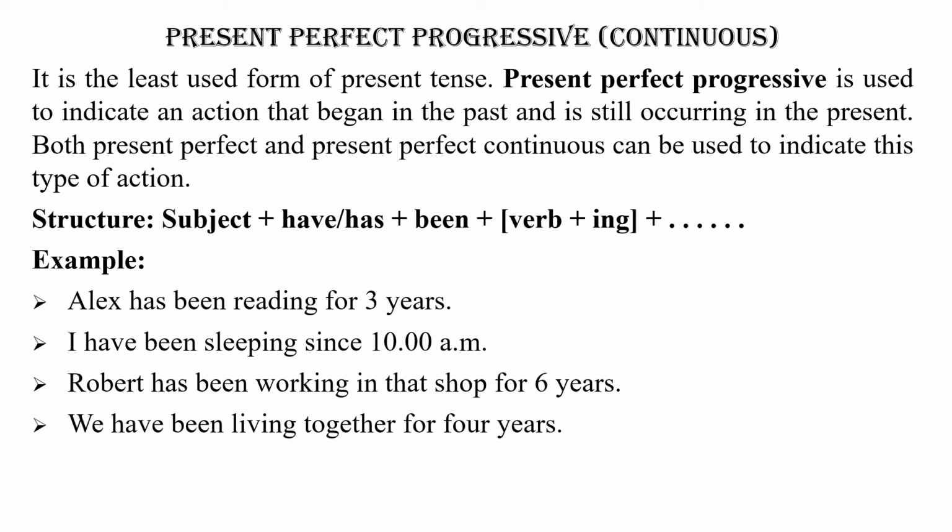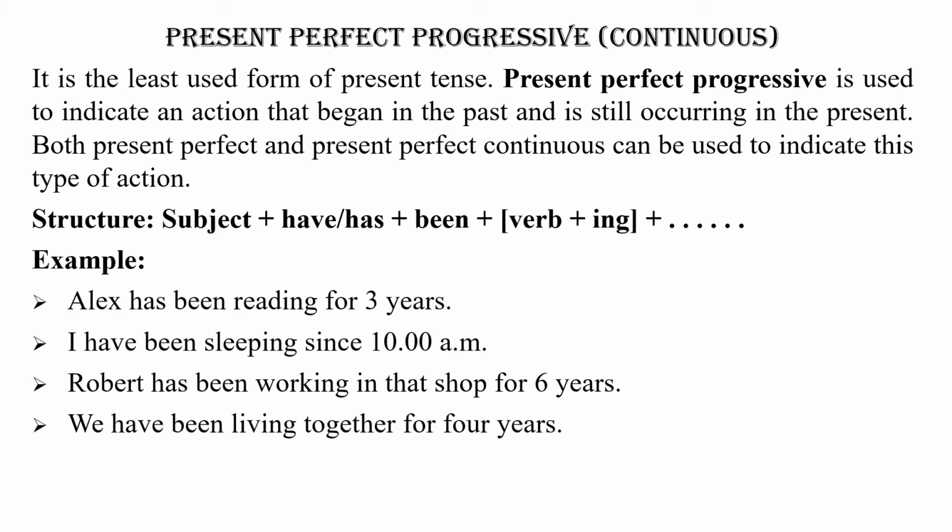Both present perfect and present perfect continuous can be used to indicate this type of action. The structure is subject plus have or has plus been plus verb plus ing and the predicative part of the sentence.